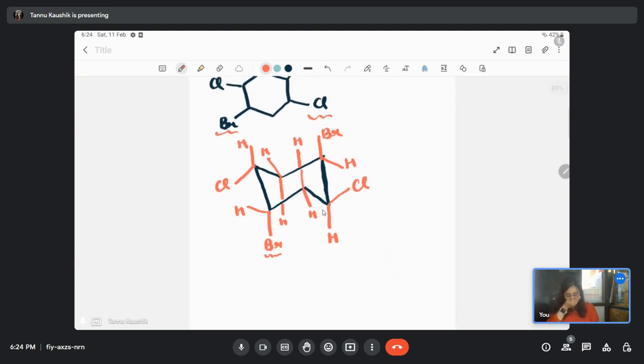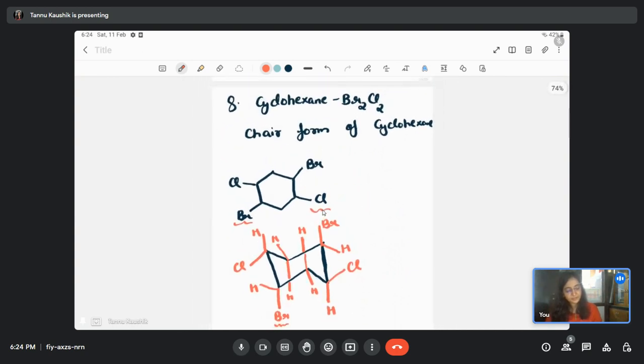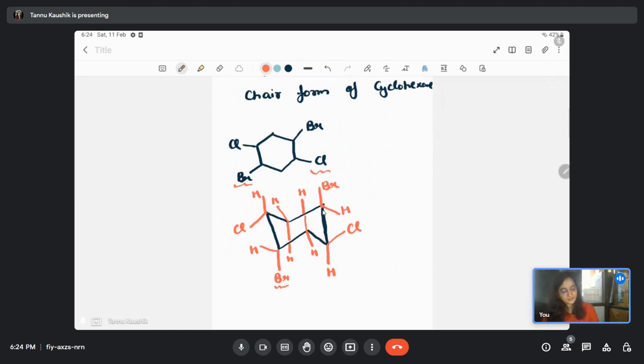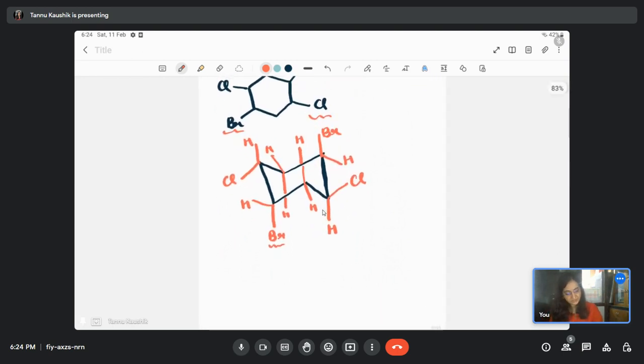So this is the representation for the chair form of cyclohexane for this bromine and chlorine substitution.